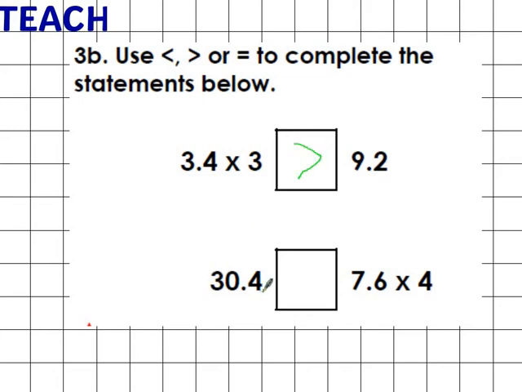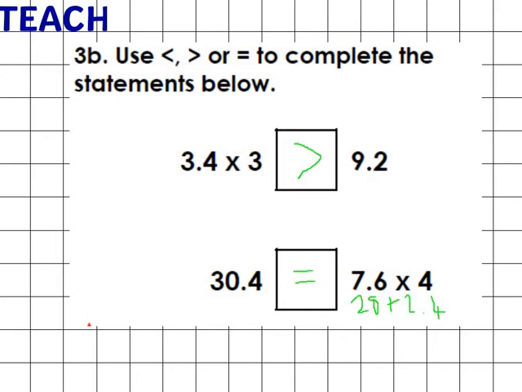Here, 7.6 times 4, so 7 times 4, 7, 14, 21, 28, so we've got 28 there, and then 0.6 times 4, so 6, 12, 18, 24, 2.4, and we have got the answer of 30.4, so it's a balanced equation, so it is equal.